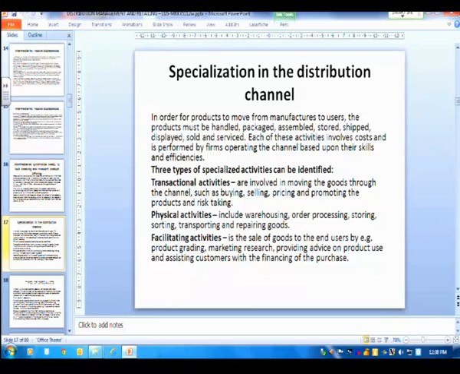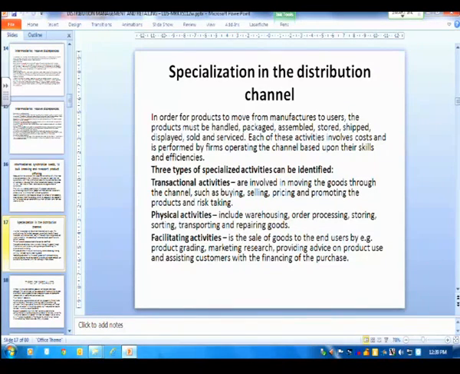The second one is physical activities. This includes warehousing, order processing, storing, sorting, transporting, and repairing goods.